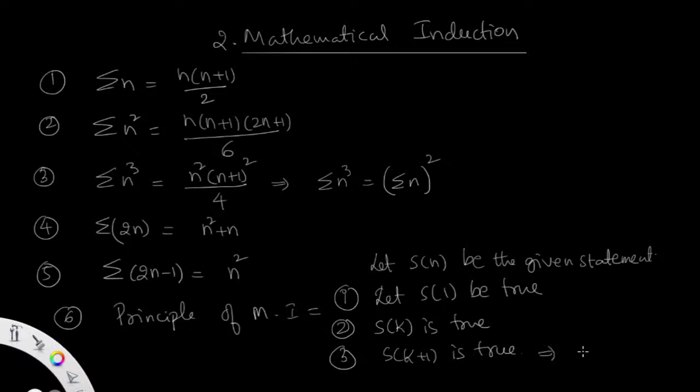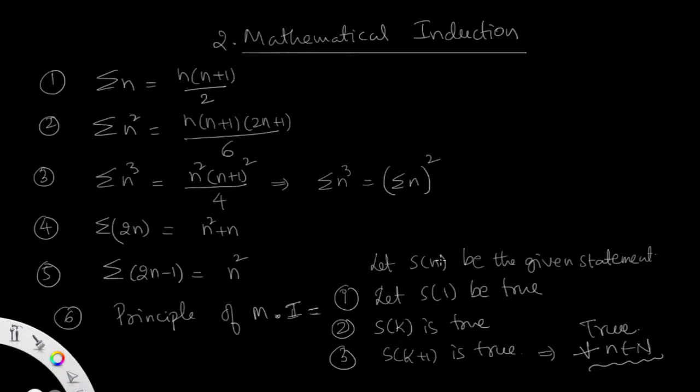Then the statement is true for all small n belonging to capital N. This is the principle of mathematical induction, MI meaning mathematical induction. Whatever the given statement is, let it be S of n.